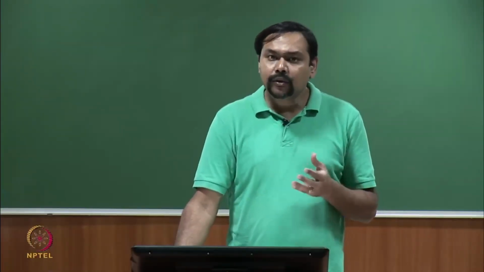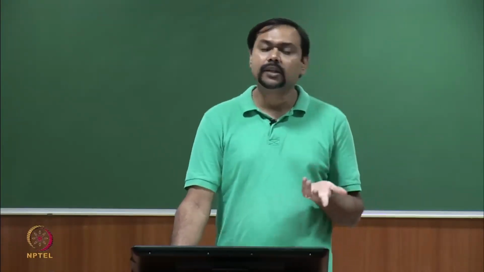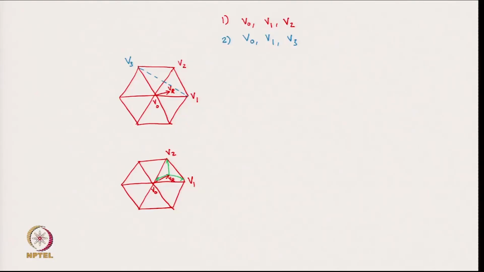However, we have only V0, V1 and V2 in our hands, because the converter can only produce these 8 vectors. However, I would like to produce Vr which is far away from all these 3 vectors. So, there will always be an instantaneous error between what we wish to produce and what we are actually producing from the converter, and this instantaneous error is the green arrows which I have shown in this diagram.